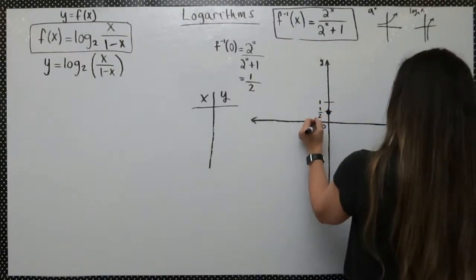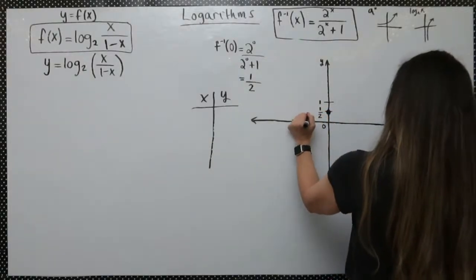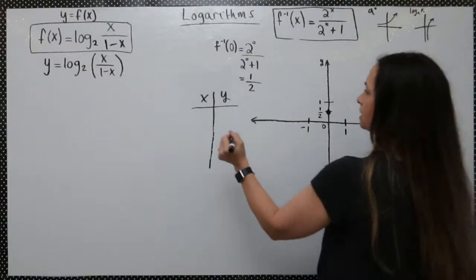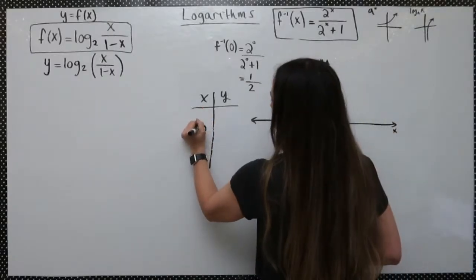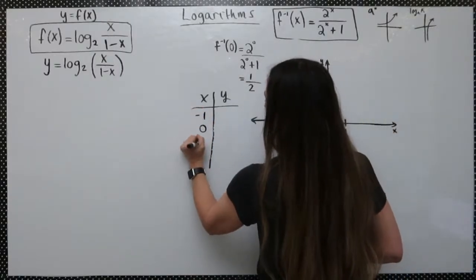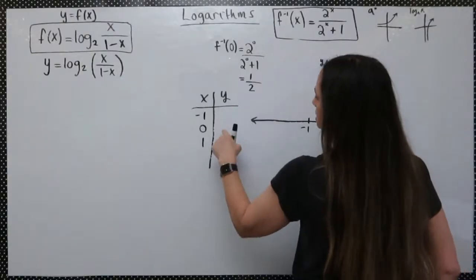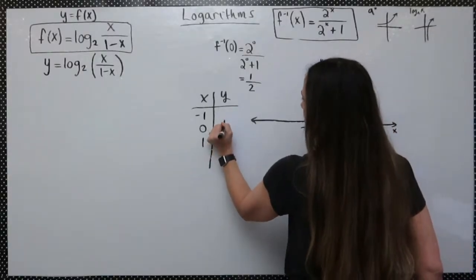Most likely it's existing when x is -1 and when x is +1. So we have this point, and we'll go down, we'll say -1, +1. We already know when x is 0, y is 1/2.